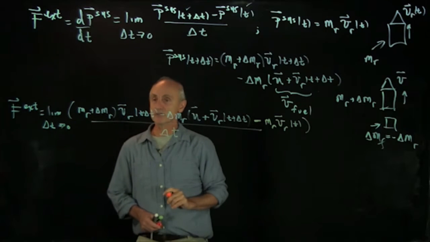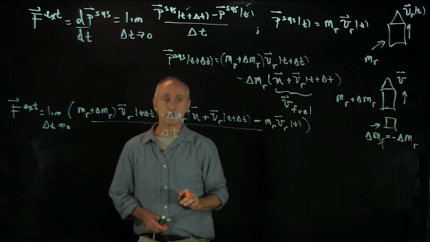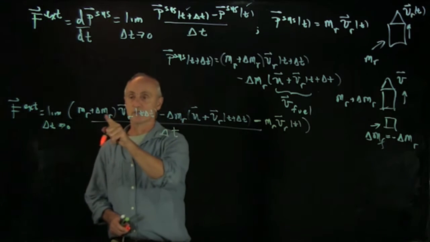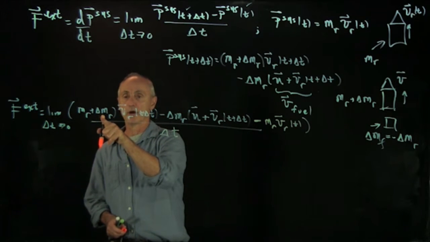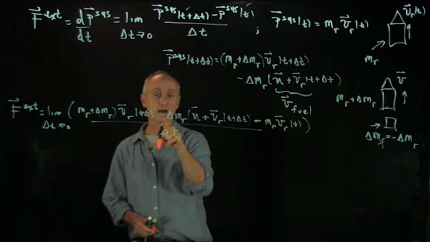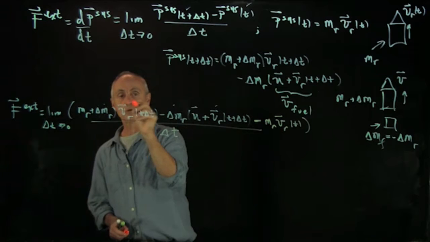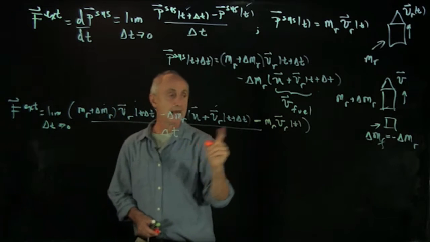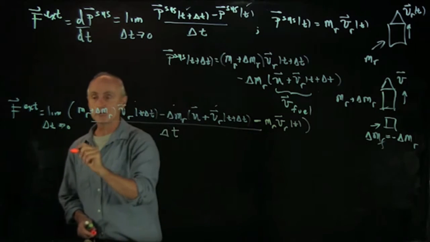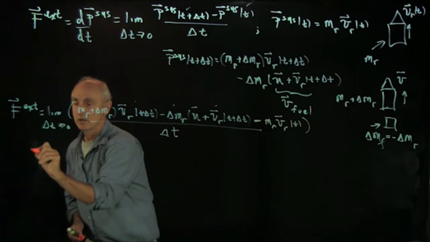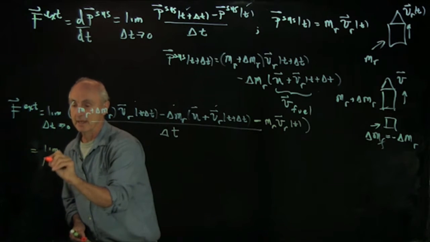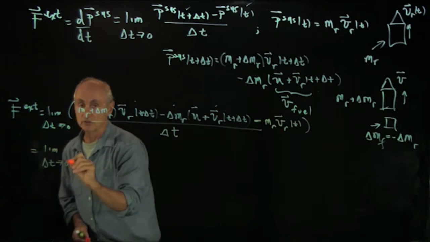Now, let's look at this expression first, because there are some very nice simplifications. Let's look at this term delta mr times v of r. Notice we have minus delta mr v of r here, so those two terms cancel. And we're just left with three other terms, and let's write them out. So now we have the limit as delta t goes to 0.